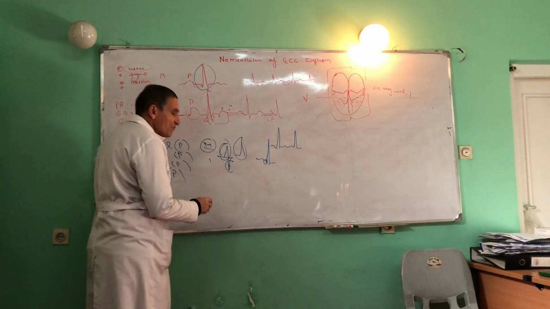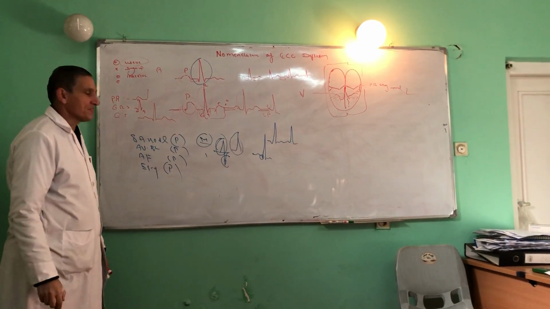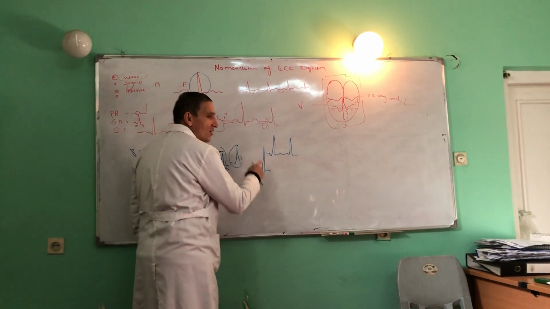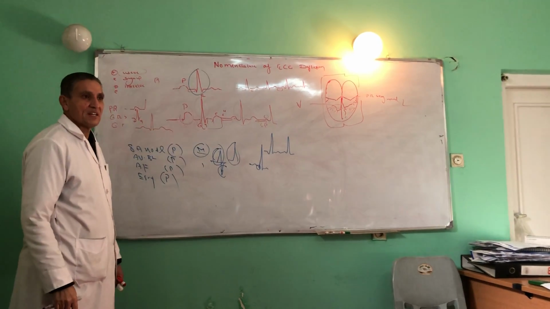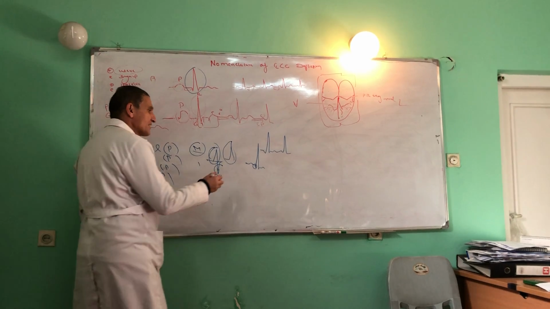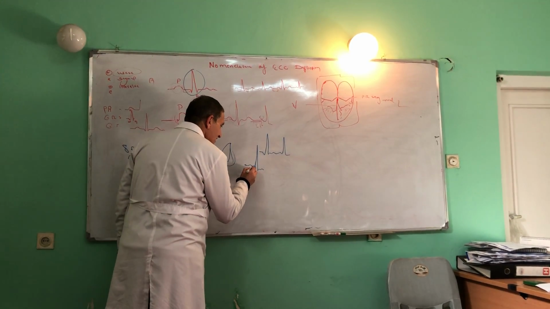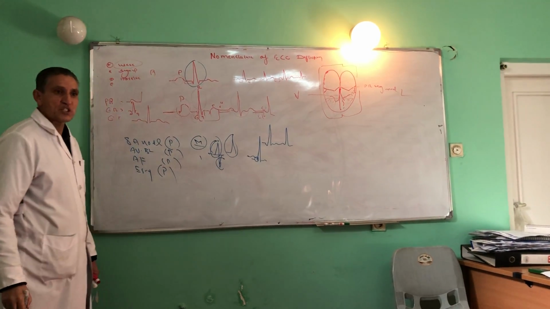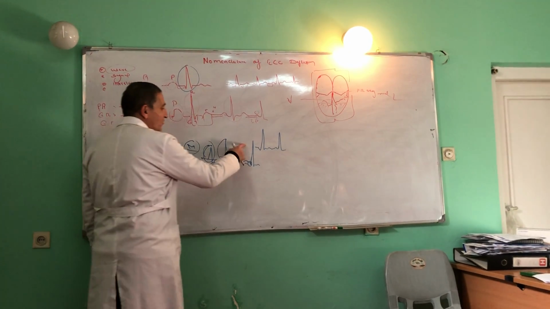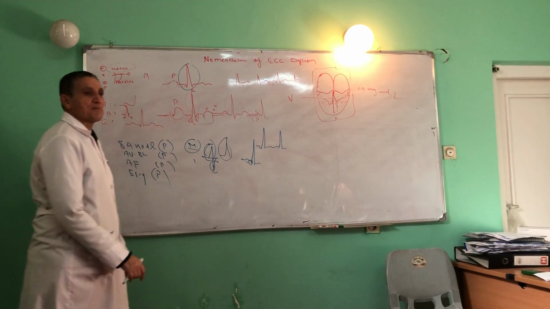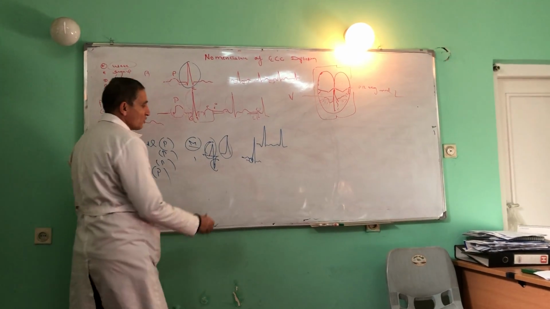Q wave. The first small negative wave which comes before the R wave is called the Q wave. This Q wave is always negative. This small negative deflection which comes before the R wave represents septal ventricular depolarization.